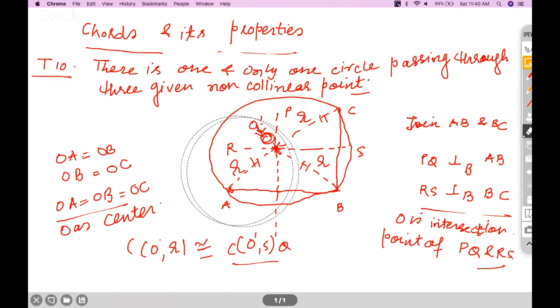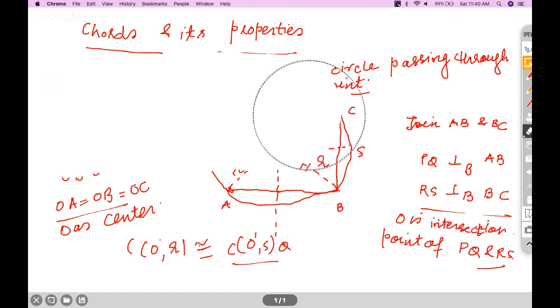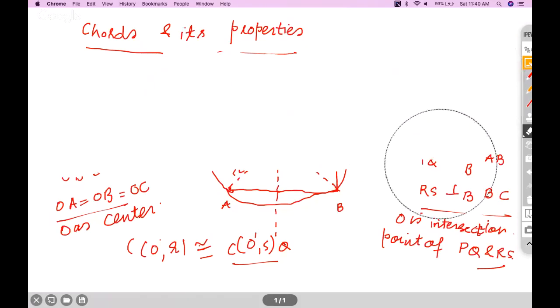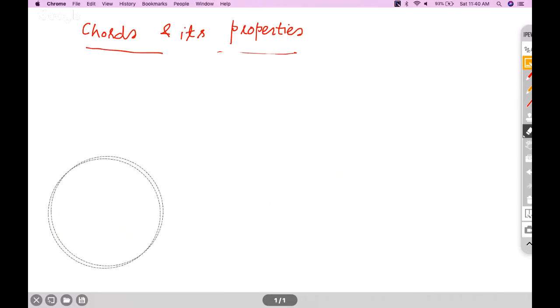Okay, so now look at here. Okay, so next one is Theorem 11. Let me finish off the theorems quickly so that I can move to questions.